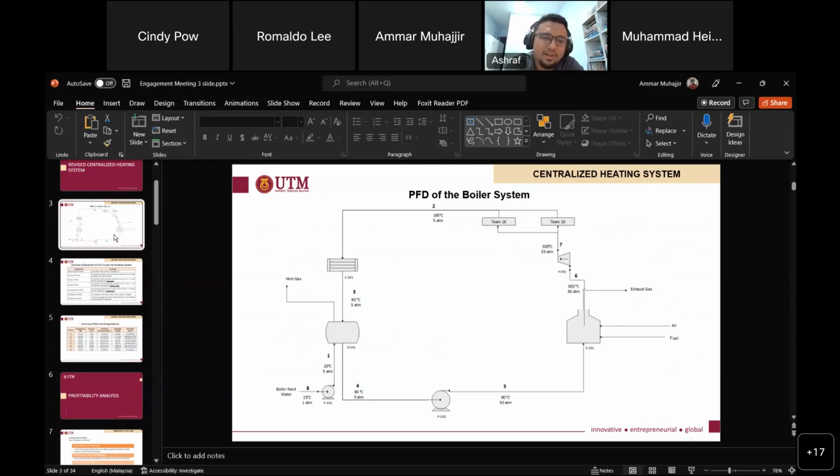Sebab dalam PFD ni all the LPS you terus condense to combine with your boiler feed water kan. Tak, yang ni kami tak consider LPS. Yang ni HPS. Yelah HPS, after HPS being consumed, before being sent to condense is in LPS, sebab dia 165 kan, 165 ni dah LPS kan.